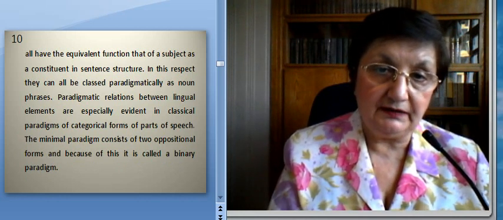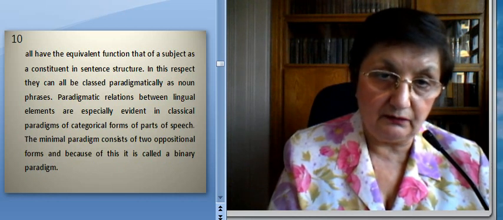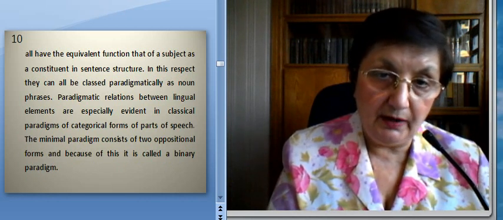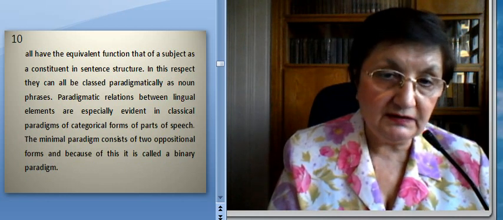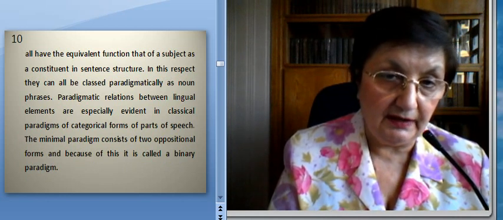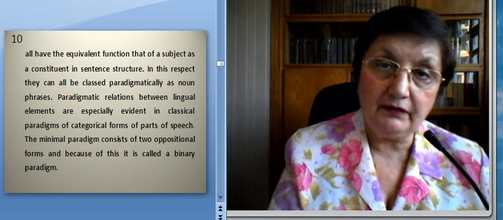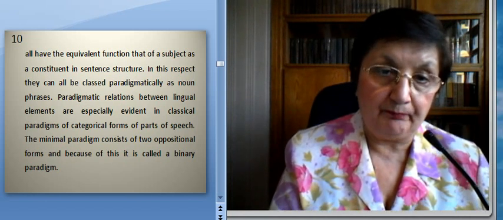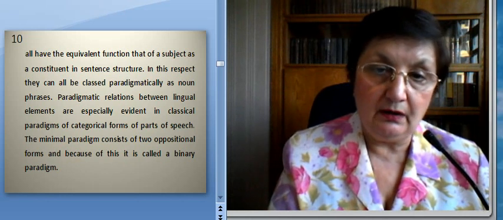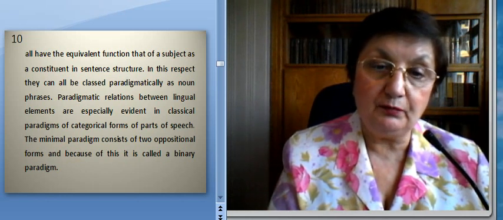Paradigmatic relations between lingual elements are especially evident in classical paradigms of categorical forms of parts of speech. The minimal paradigm consists of two oppositional forms, and because of this it's called a binary paradigm.